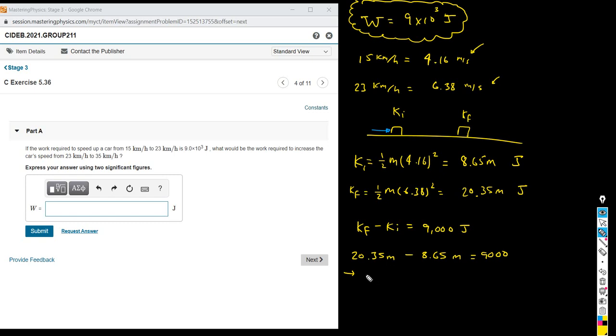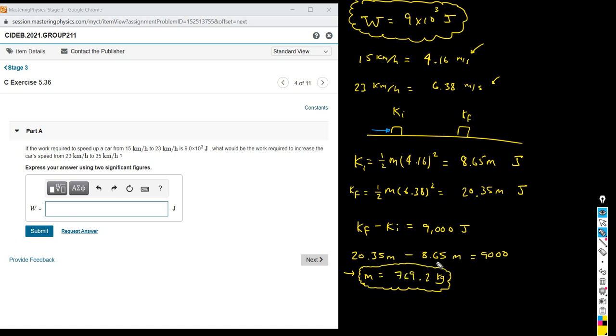We're gonna get that the mass is equal to 769.2 kilograms, which is okay for a car, right? I mean, we know that cars are somewhere around about 800 kilograms or something. So this is the mass of the car, guys. We have discovered the mass of the car.